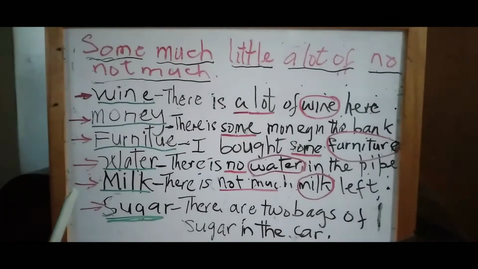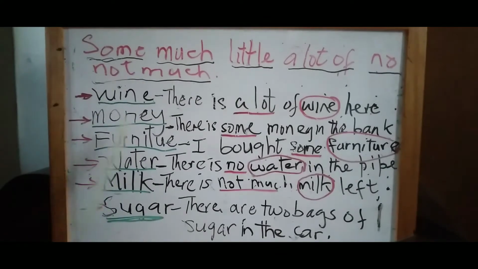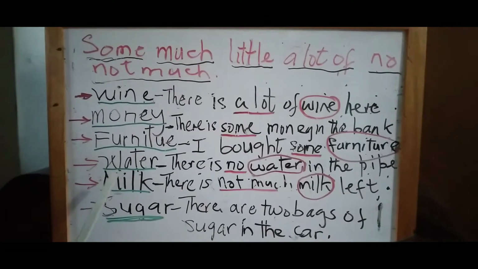Next word is furniture. I often hear people say furnitures. There's no such word as furnitures. Furniture, right? Because it is an uncountable noun, so it is always singular. And the sentence reads, I bought some furniture.